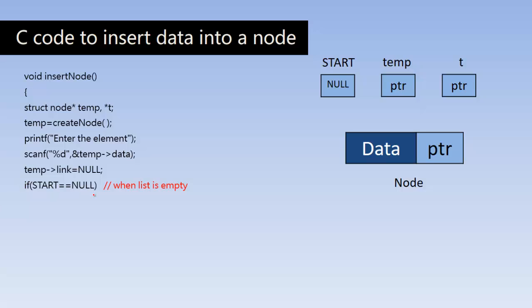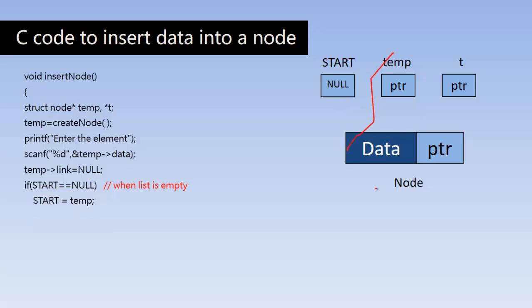So if start equals NULL, this means there is only one node in the list. Let us store the content of temp into start. The content of temp is the address of the first node. Let us store this content here. So now the start variable is pointing to the newly created node after this statement, right? If this is true, this will happen.